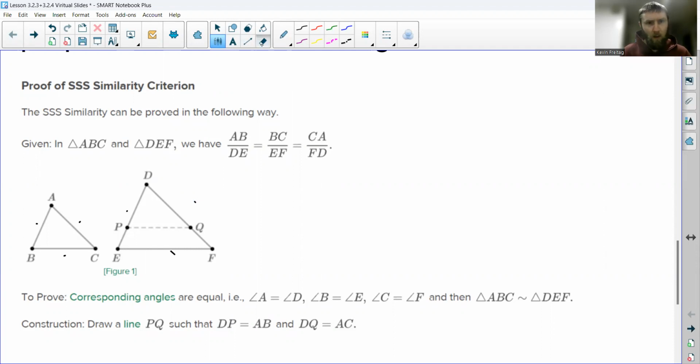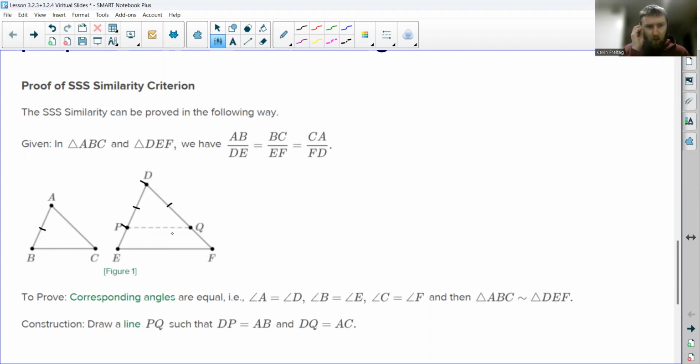What I'm going to do is draw myself a little line in the big triangle, so that this length from D to P is equal to AB. So those two sides are the same: AB and DP, AC and DQ, okay?